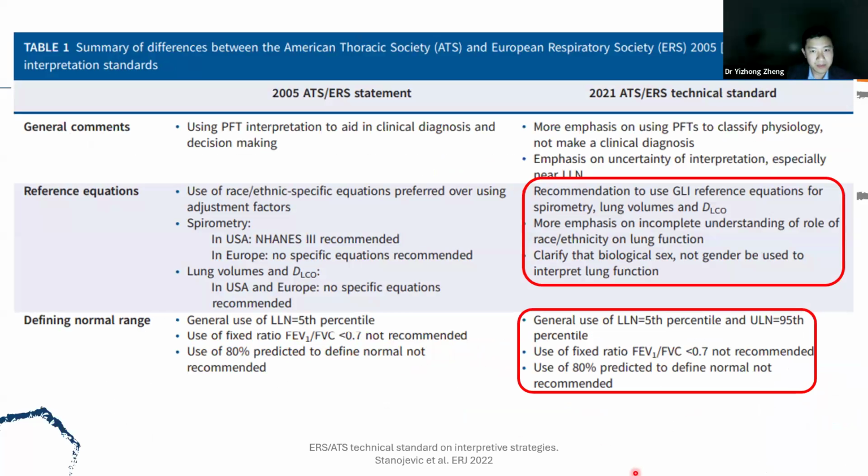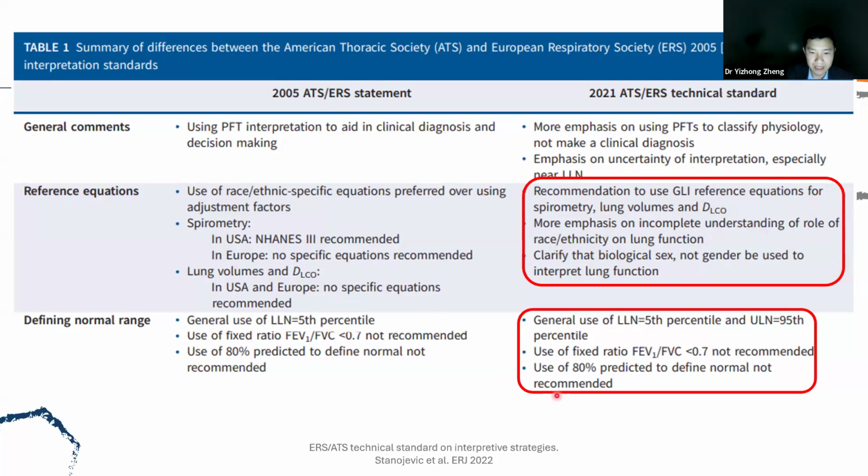I thought I would just highlight some of the changes in the 2021, 2022 standards from our society. So we already discussed that we use biological sex rather than gender, with an incomplete understanding of race and ethnicity. And now we use GLI reference equations for all the spirometry, lung volumes and DLCO.